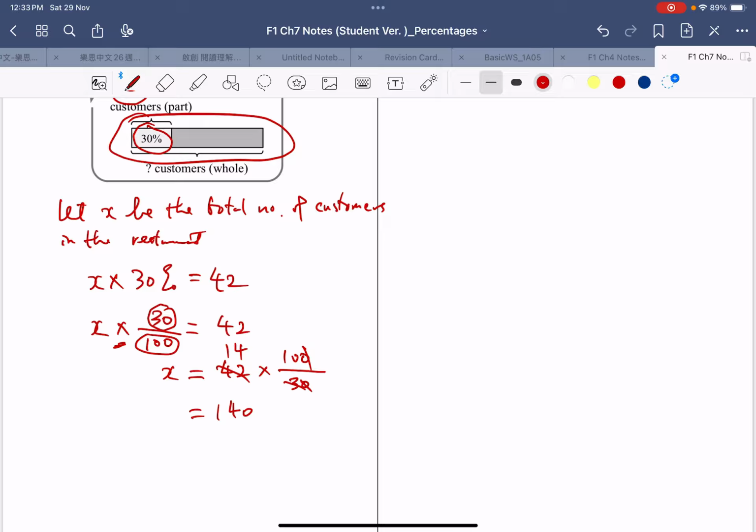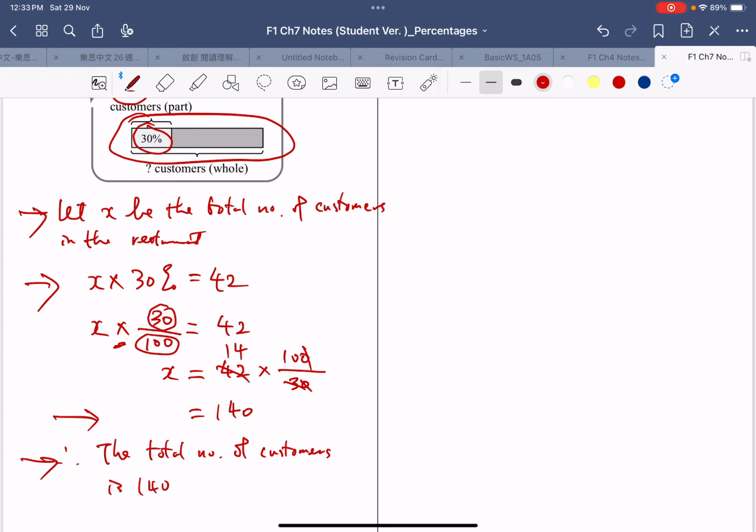This is just a level 1 question. So you write the conclusion properly: total number of customers is 140. So you write the line, let x, then you write the equation, then you solve it, and then you write the conclusion.